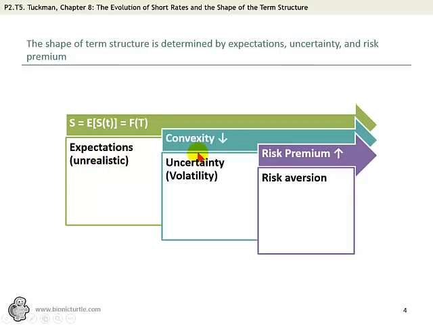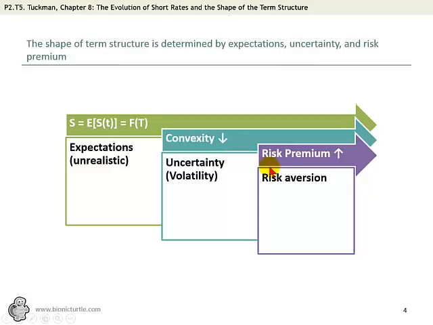Then step 2 adds the uncertainty or volatility, and we'll show that convexity is the manifestation of this uncertainty, volatility that acts as a force to pull the term structure down. I think that's the hardest concept in the reading from my perspective.